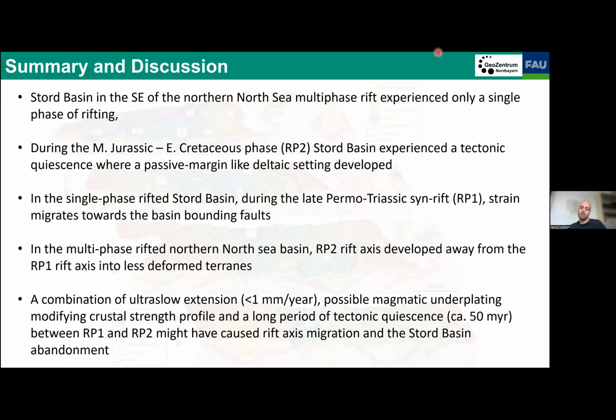We might have some faster rifting, or more localized, or a shorter time span of rifting along the South Viking graben that is different from the Stord Basin. So the South Viking graben is very unknown in comparison to the rest of the northern North Sea. But the South Viking graben also went through quiescence, right?